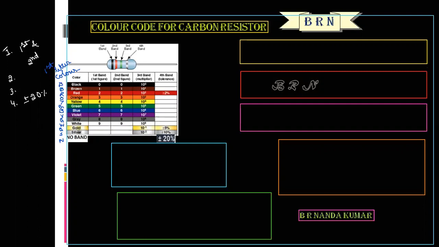Okay, what is the first point? This is very important. The colors of first two bands indicate the first and second significant digits of resistance, that is in ohm.